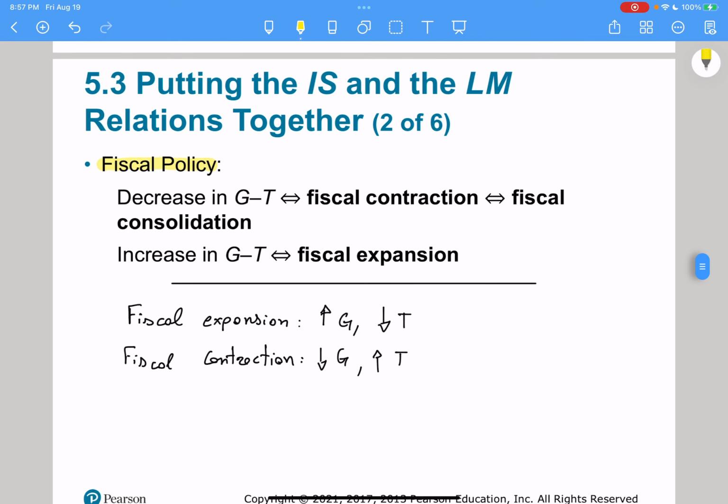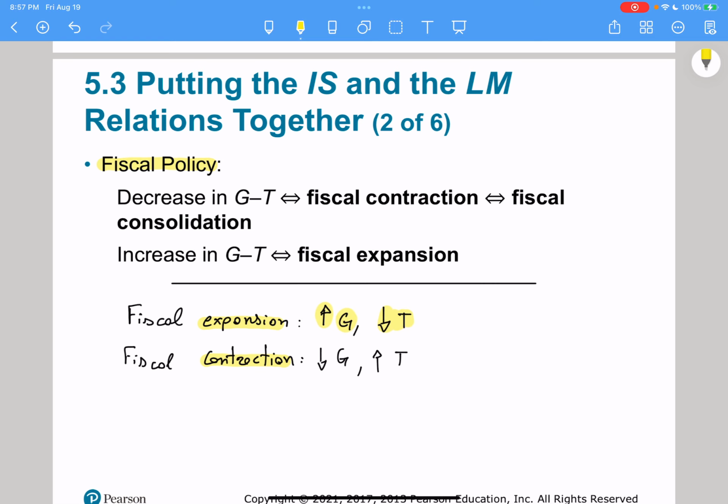Well, the fiscal policy is you have either an expansion or a contraction of the fiscal policy. If you are expanding or increasing the fiscal policy, you are increasing the government expenditures or decreasing the taxes.